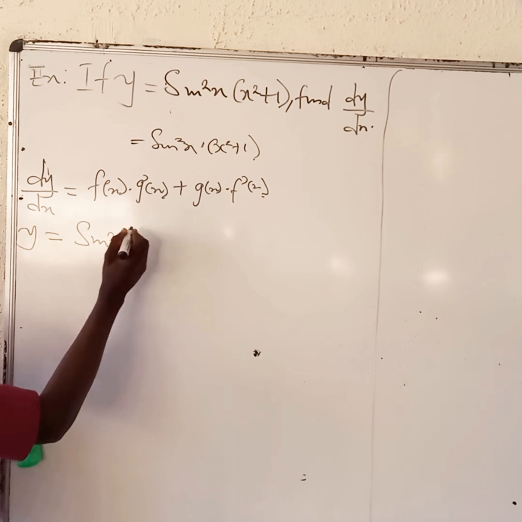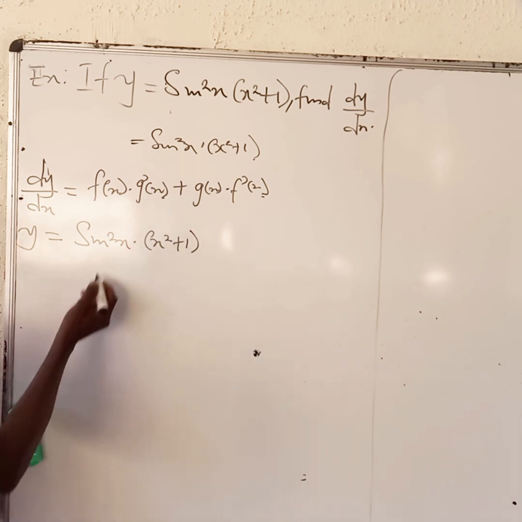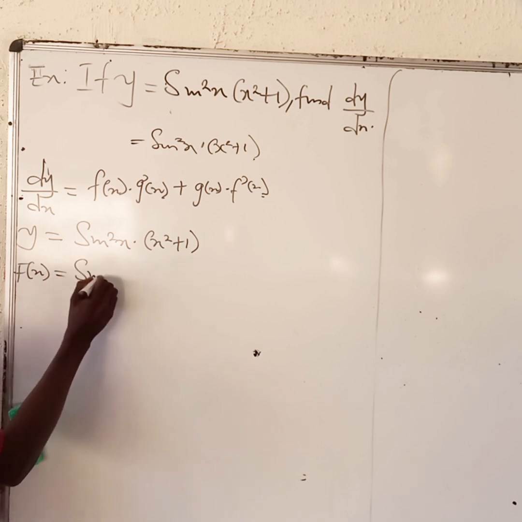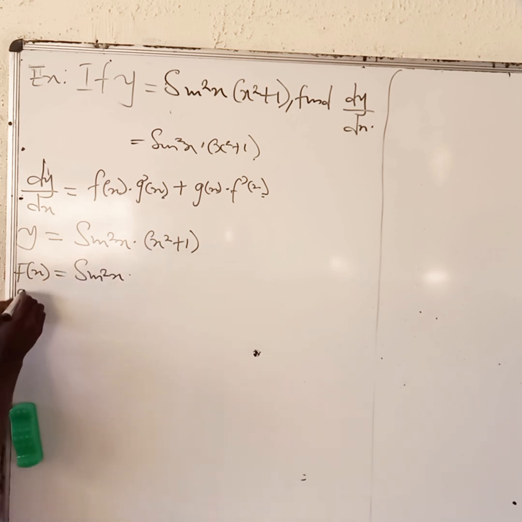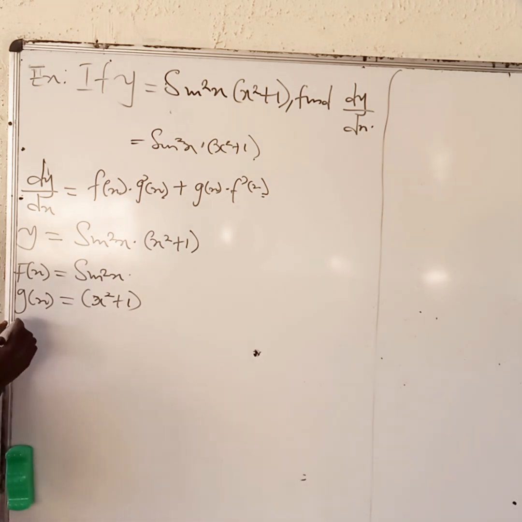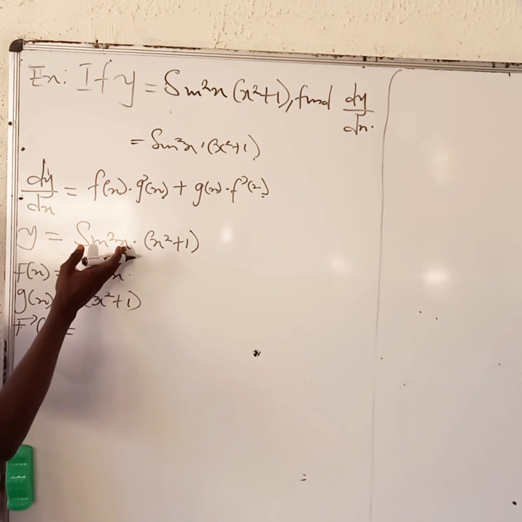Sine squared s multiplied by s squared plus 1. So I'm going to make my f of s as sine squared s and my g of s as s squared plus 1.